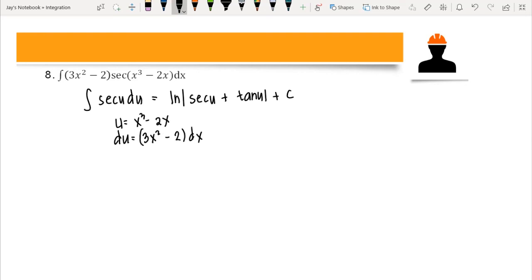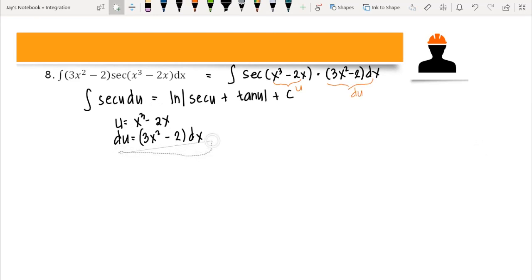Correct? Now, by looking at the function, we have 3x squared minus 2. So if we rewrite our function, we have the integration of secant of x cubed minus 2x times 3x squared minus 2 dx. So this one is our u, and this one here is our du.